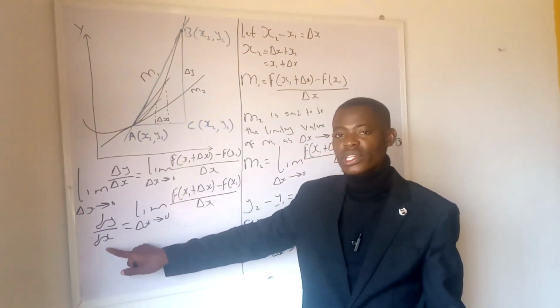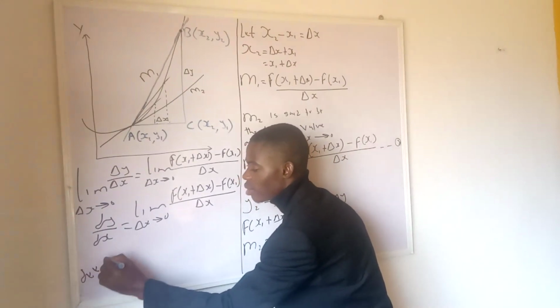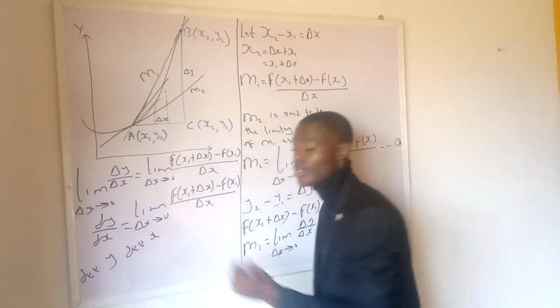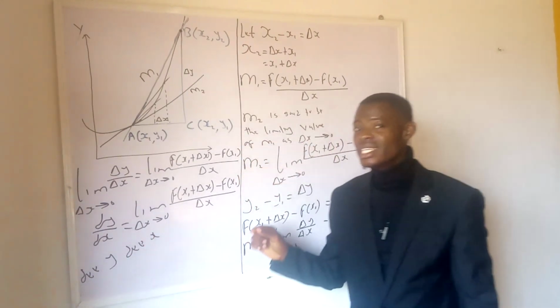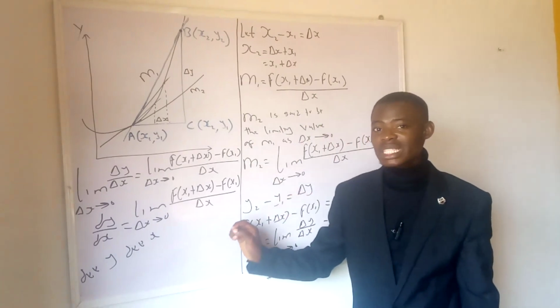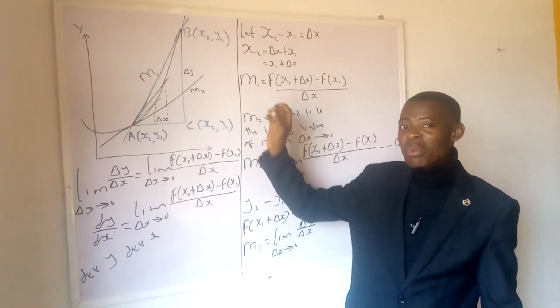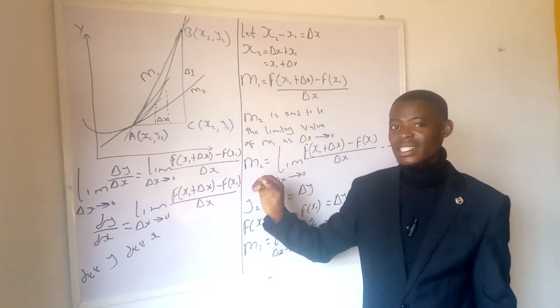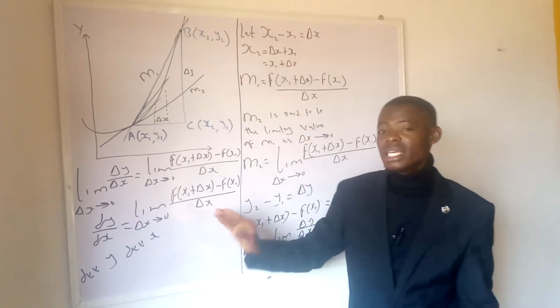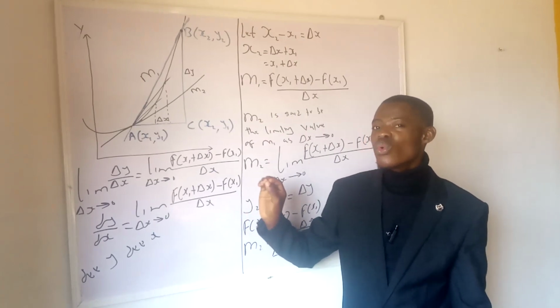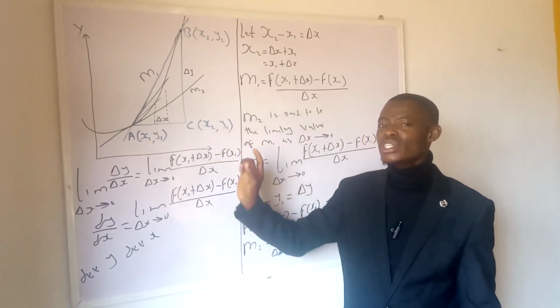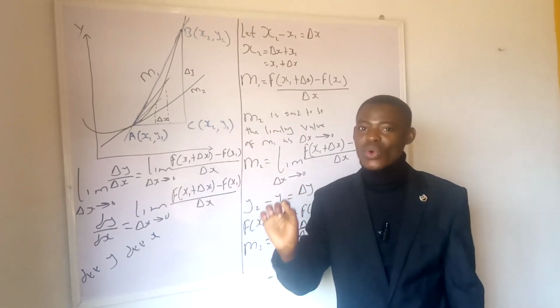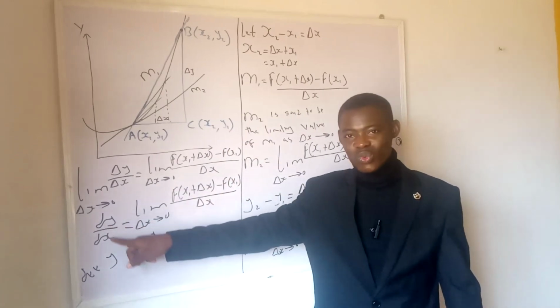So this symbol is read as dy dx. And it's simply the slope of a tangent line as the change in x is approaching 0. Typically, it's simply the limiting value of the slope of a secant line joining two points as delta x, or change in x, is approaching 0. That is what dy dx is.